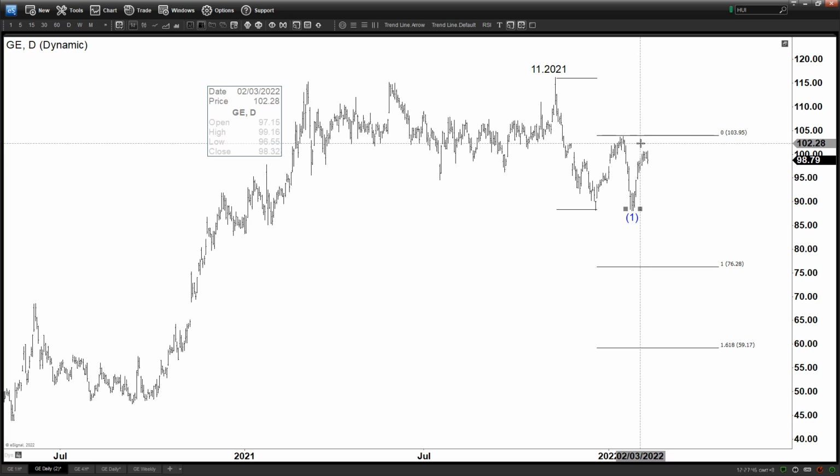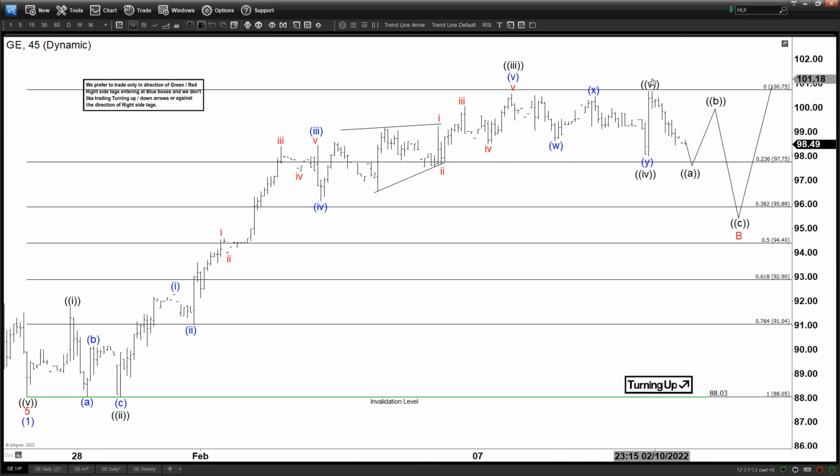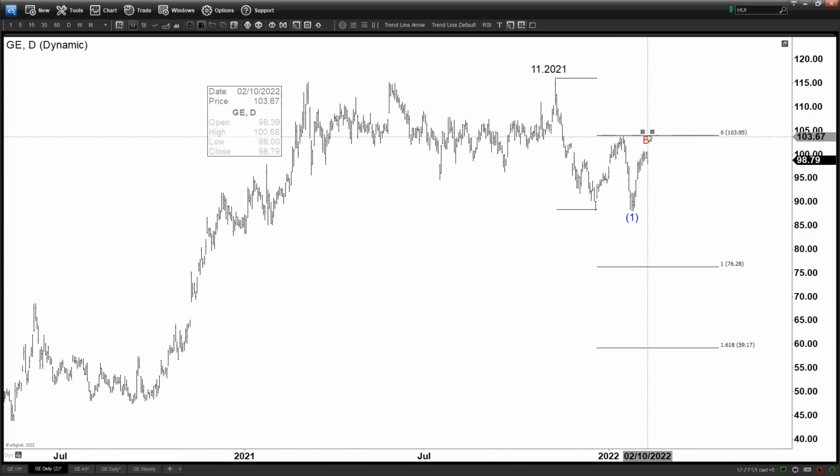So in fact, according to this count, there are a couple of possibilities here, to be honest. I will start with the larger degree idea so that we can find out some of the possible options right here. Now I think this peak currently here is a little bit too close to this previous high, to be honest, right?